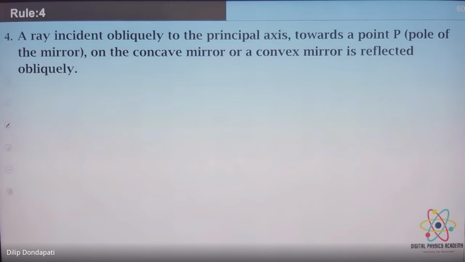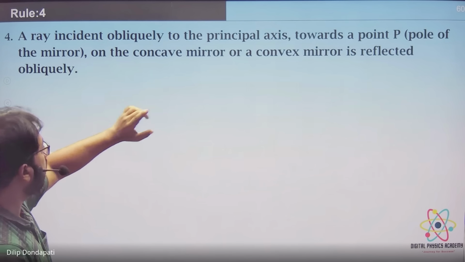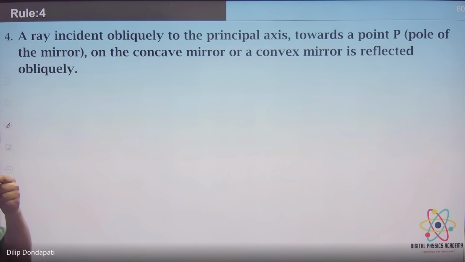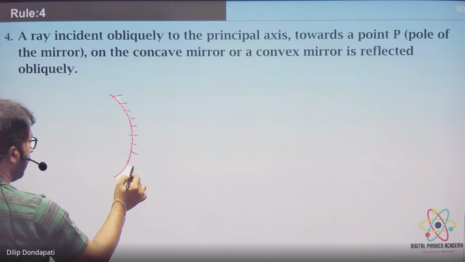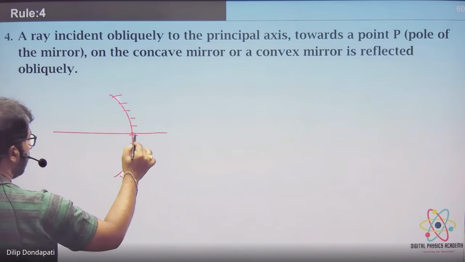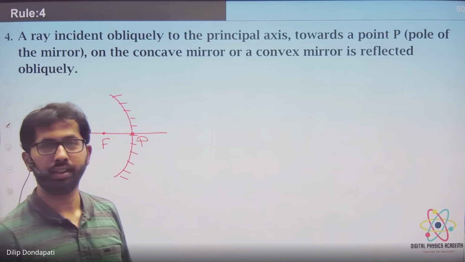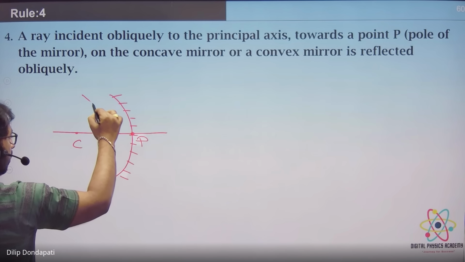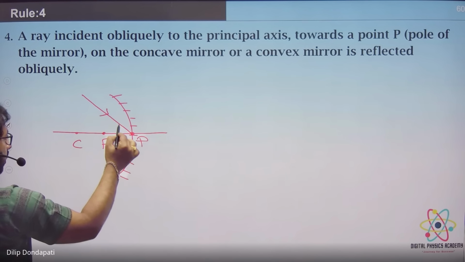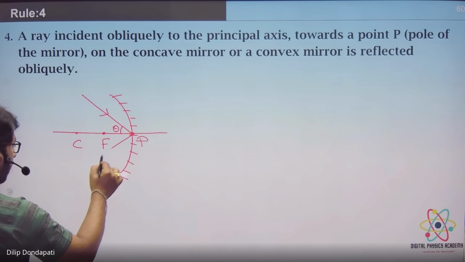ओके, चलो लिखो. A ray incident obliquely to the principal axis towards the pole on a concave mirror or convex mirror is reflected obliquely. This is still easy. देखो, when I say obliquely, obliquely means at a certain angle theta. देखो, I incident to the pole at a certain angle theta, and it will reflect back at the same angle.